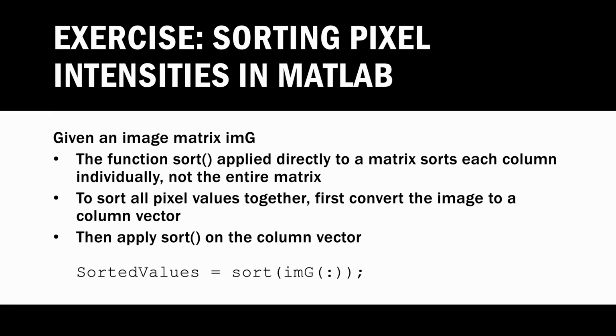To sort all pixels together, we must first reshape the image into a single column vector using IMG(:). Then we apply sort to that vector. The result is one long ascending list of all pixel intensities in the image, which we can use to locate the threshold values for modified auto-contrast.